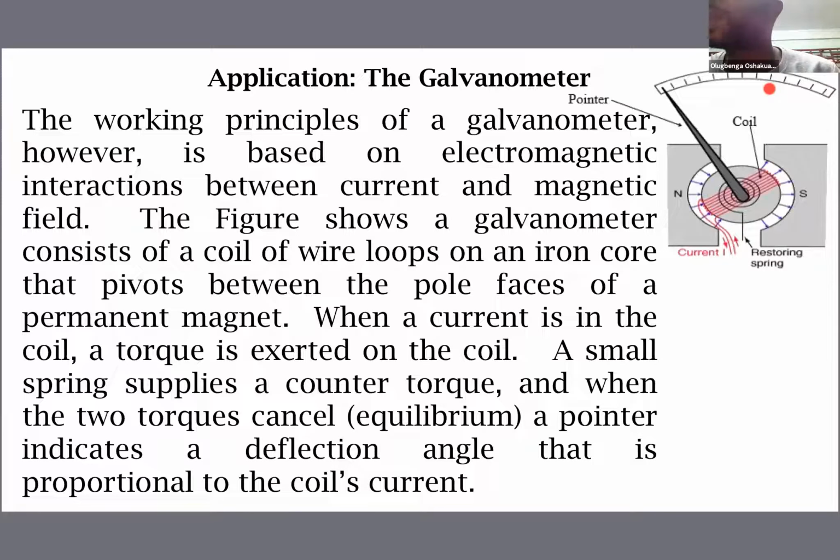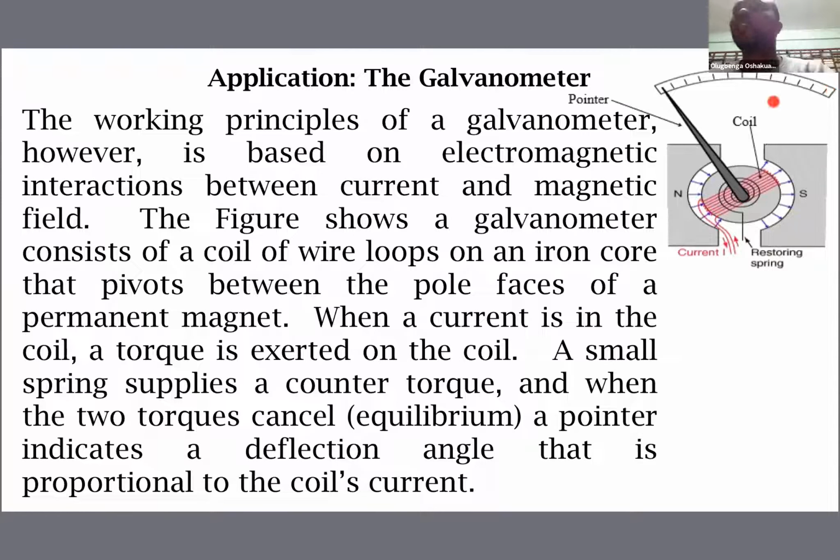But we also have a restoring spring here that will prevent it from moving continuously. This restoring spring is to stabilize the pointer. It will prevent the pointer from just moving down to full scale deflection.